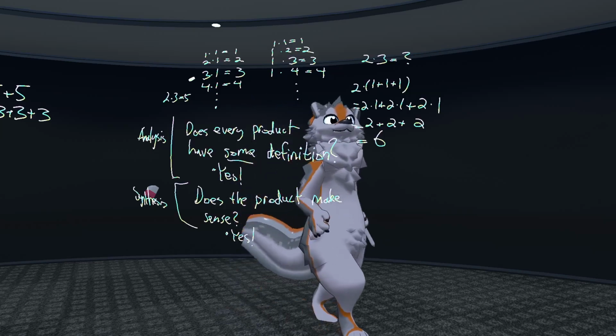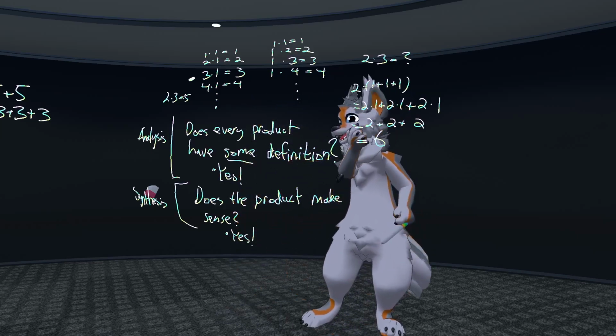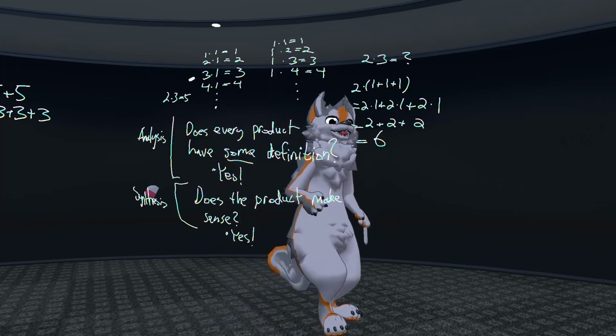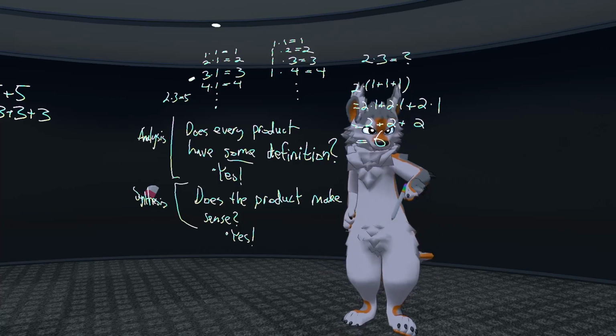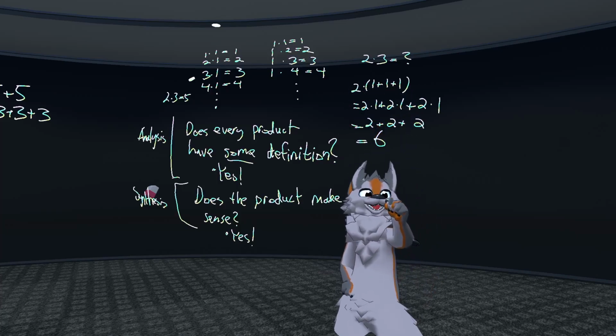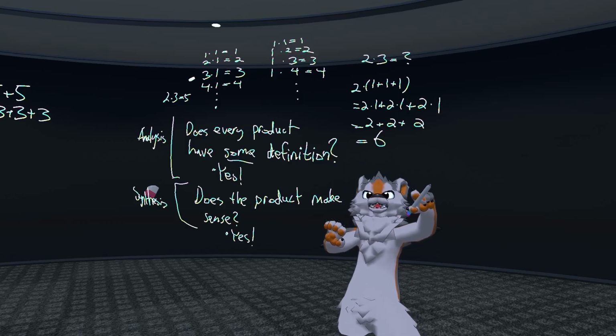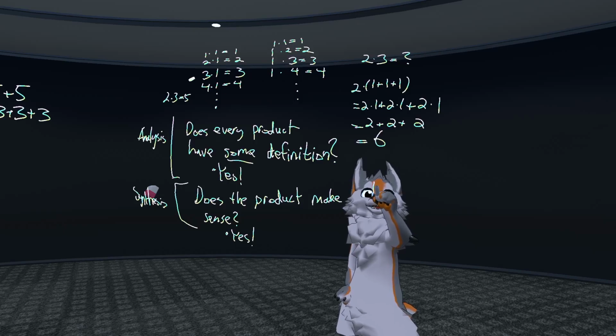So maybe you can already see why every product has some reasonable definition. Let's say we have, I'm not going to bring in variables, don't worry, 11 times 1032.